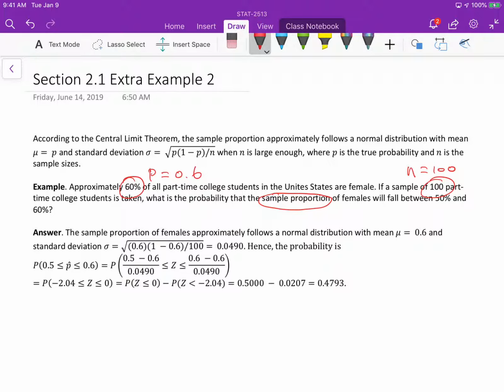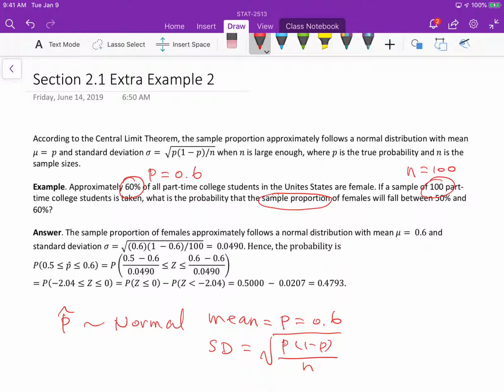Basically p hat approximately follows a normal distribution, right? So the mean will be p, which is 0.6 here, and the standard deviation, according to the formula, is the square root of p times 1 minus p over n. So p is equal to 0.6 and n is equal to 100, right?